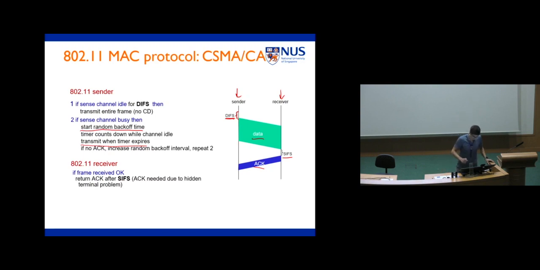Yeah, so to repeat the question, let's say this is our timeline. Now, we are sensing the channel busy, right? In CSMA-CD, whenever that busy period ends, we can immediately send.